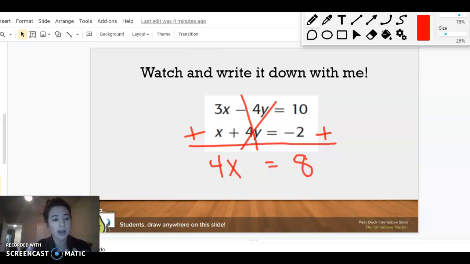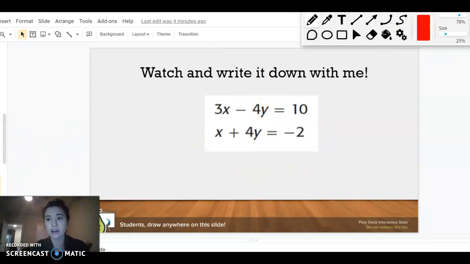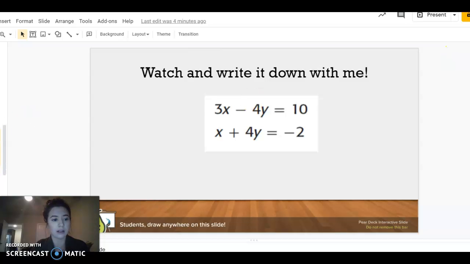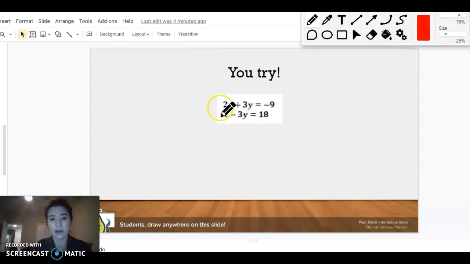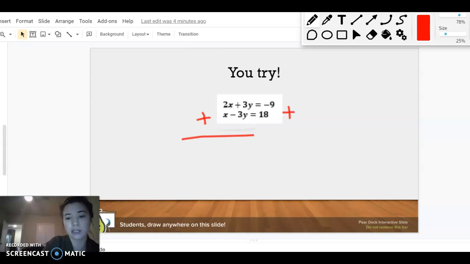So we added two equations together, and we had something that eliminated. Then I can do that again. We have 2x plus 3y equals negative 9, and x minus 3y equals 18.